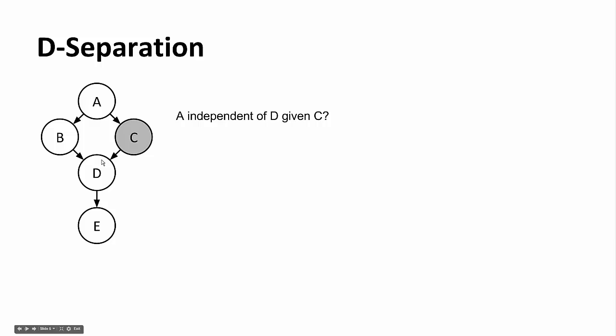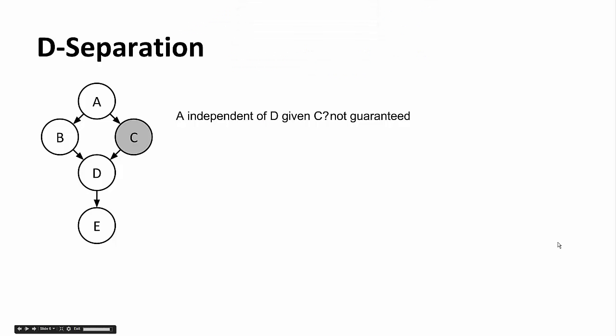So ACD. This triple will be inactive because this is a causal chain where the middle one's observed, which is an inactive triple. So here, of the 2 paths between A and D, we have one inactive one and one active one. And because there's an active one, that tells us that A is not guaranteed to be independent of D. And so we'll say it's not guaranteed.